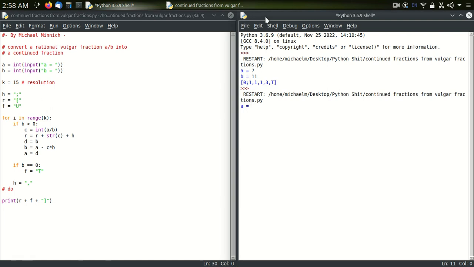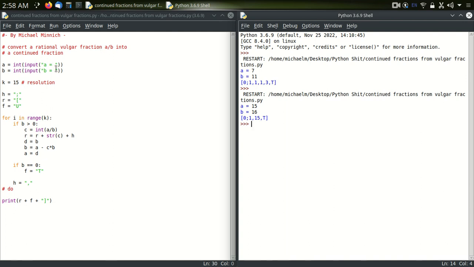And all of the examples I've tried work, so I think this probably works in general. So what it does is you take in two integers. Well, it converts them to integers.